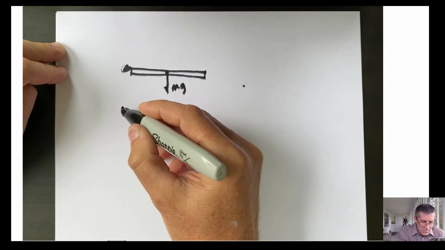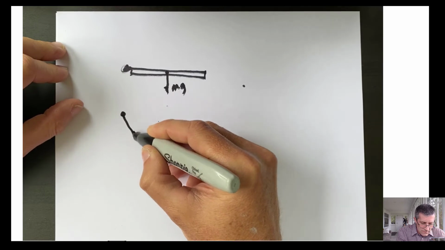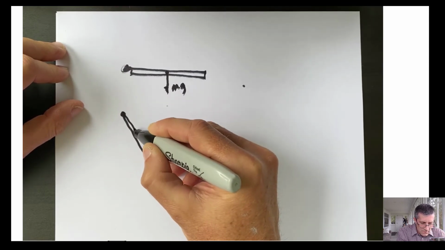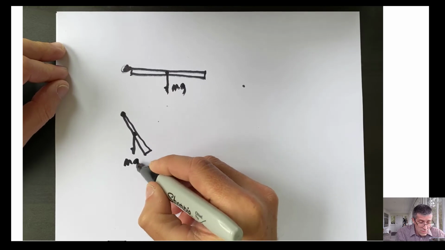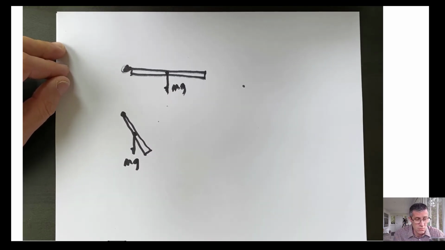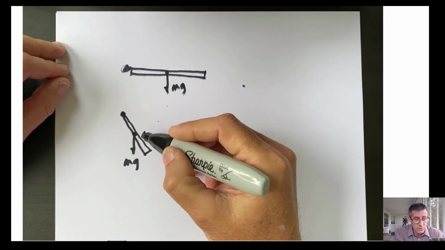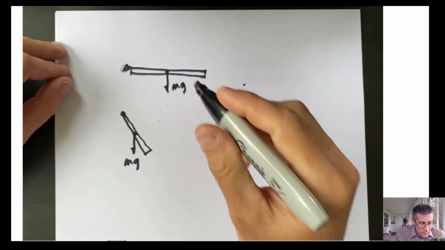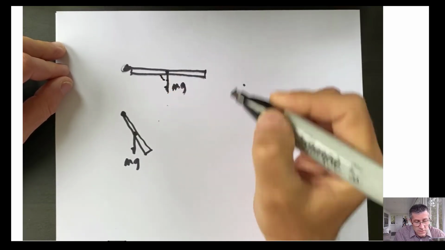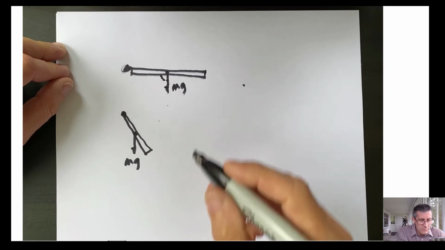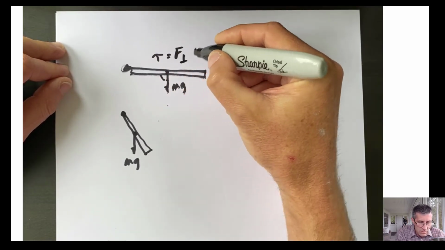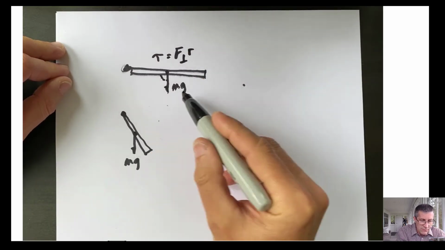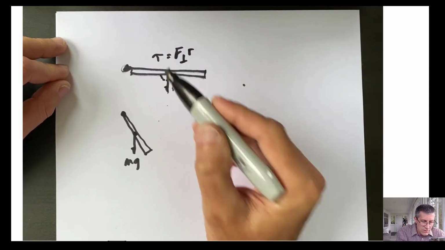When I get to my lower position, has gravity changed? No. I still have the same force of gravity, but what is different is the component perpendicular to the lever arm. Here most of my force is perpendicular to my lever arm, so most of that mg is going to generate torque.